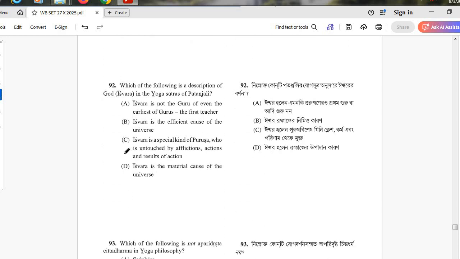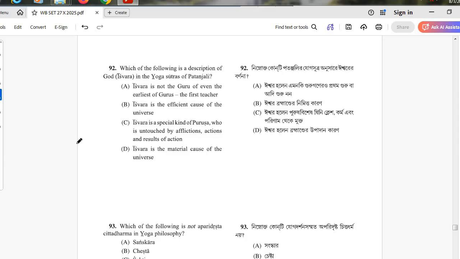Question 92: Which of the following is a description of Ishvara in the Yoga Sutra of Patanjali? A, Ishvara is the guru of even the earliest of gurus, the first teacher. B, Ishvara is the efficient cause of the universe.